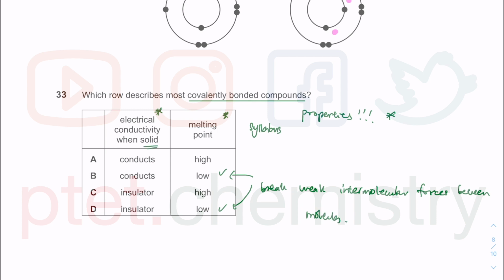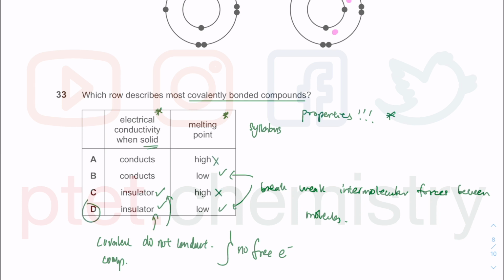And of course covalent compounds do not conduct, whether solid, liquid or aqueous. Covalent compounds do not conduct at all because there are no free electrons, whether solid, liquid or gas. So we are left with option D there.